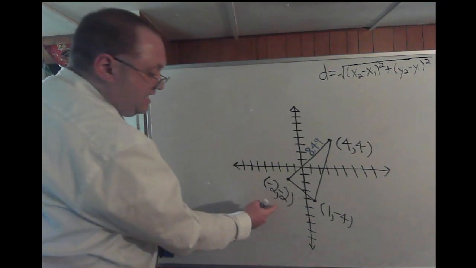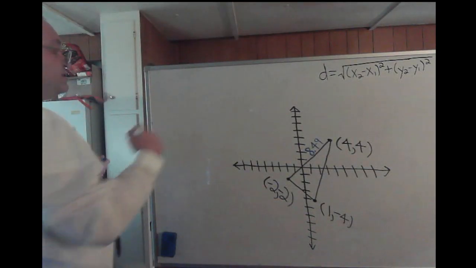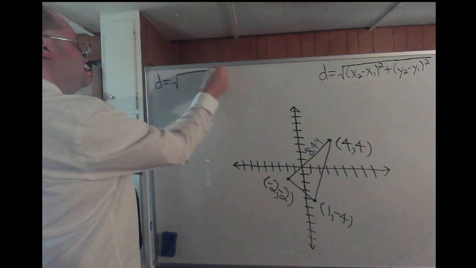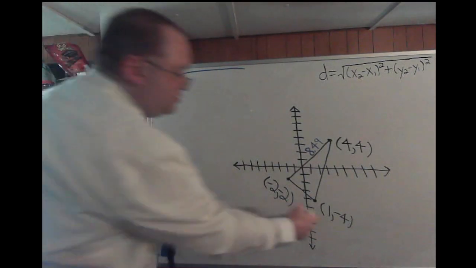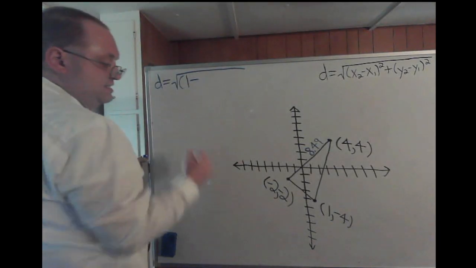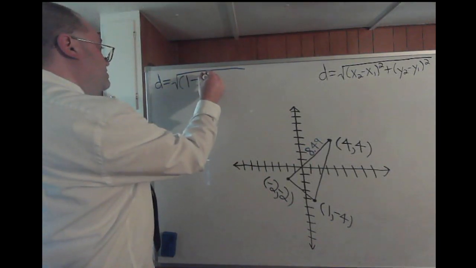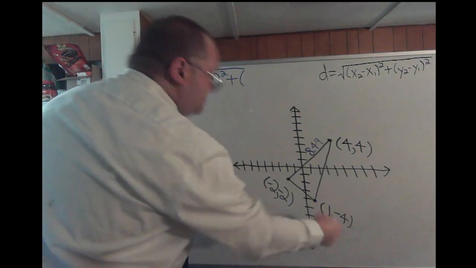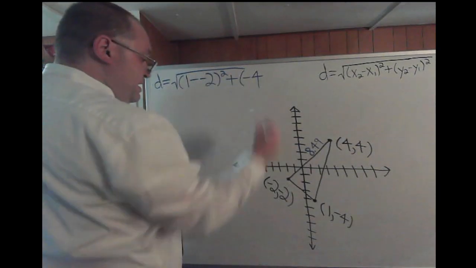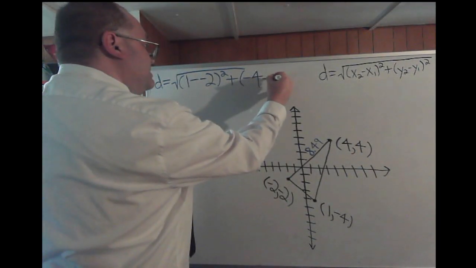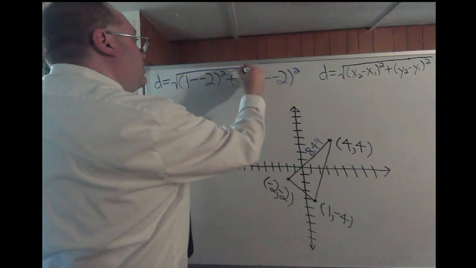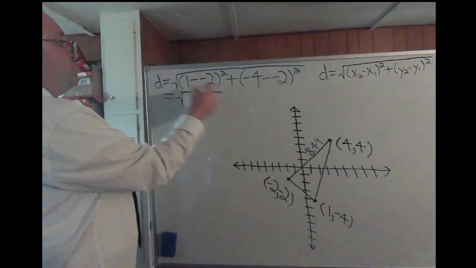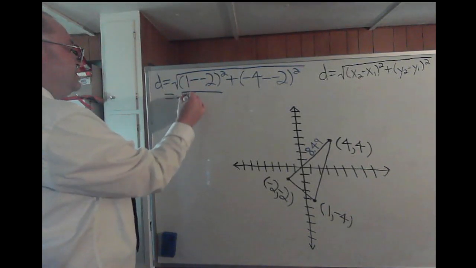Of course, let's do -2, -2, and 1, -4. So once again, I'll do the distance formula here. Distance is equal to, let's make x2 that 1, will be 1 minus x1 is that -2, all that to the second power, plus that y2 is going to be the -4 minus the y1, which would be minus -2, all that to the second power, which is going to, when we simplify this, 1 minus -2, that's just simply 1 plus 2.